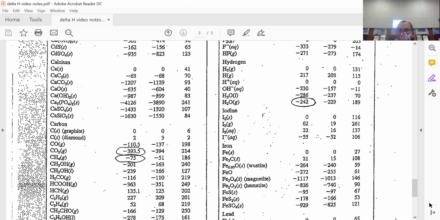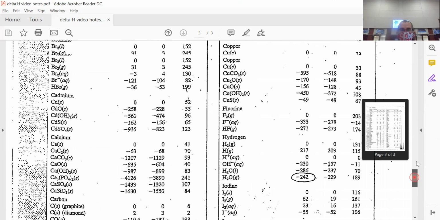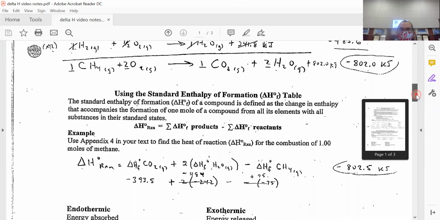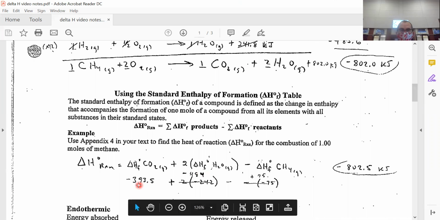So subtracting a negative 75 gives me a plus 75. So that's why it ends up negative 393, negative 485, minus a minus gives me a plus 75. And I take these two things, add them up, they're negative 800 some. I add the 75 and I get negative 802.5.